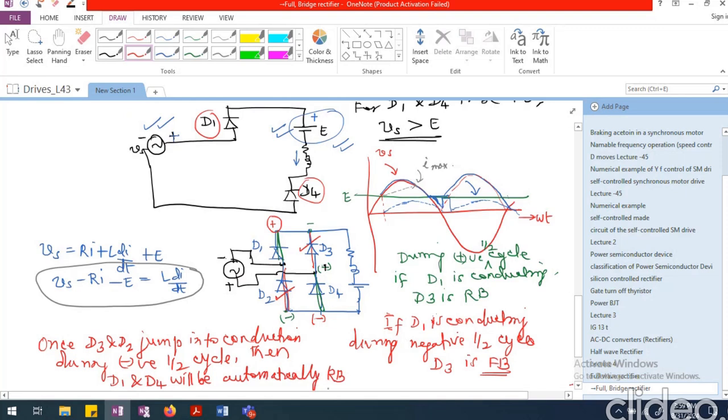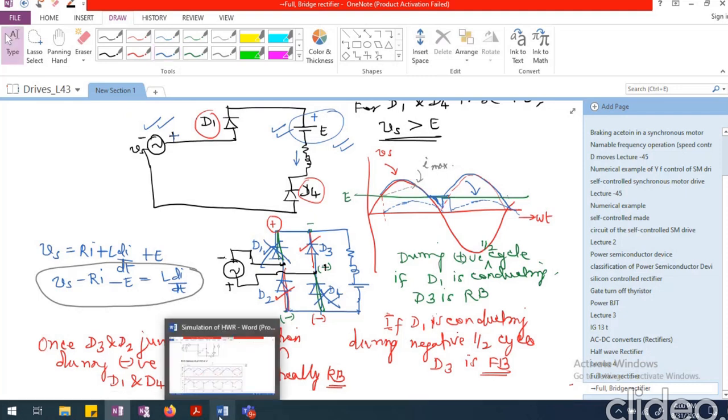So they will go off. That's what we are trying to say. So D1 and D4 automatically aid D3 and D2 to get into conduction, but D3 and D2, once they get into conduction, are going to quench D1 and D4. So it is like a suicidal operation for D1 and D4. That's what happens in the case of the full bridge rectifier.